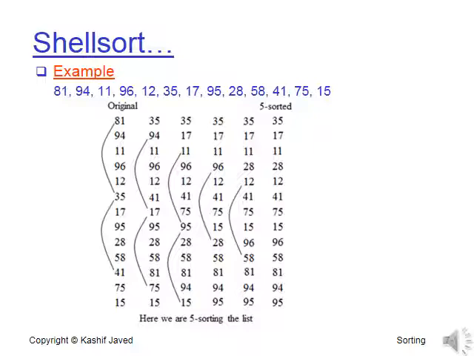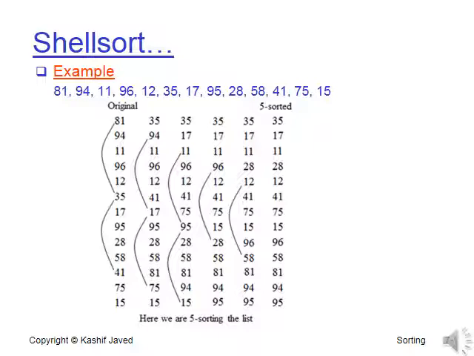What we will be doing today is to start the second online lecture on chapter 7, which is on sorting. Let's take a look at an example on slide 18 in the previous lecture 1, where an array contains the data elements in the following sequence: 81, 94, 11, 96 up till 15.